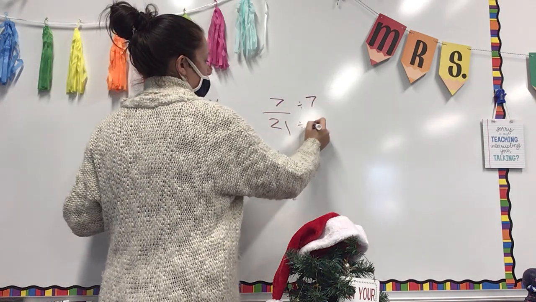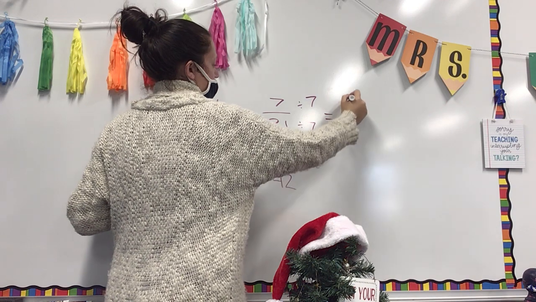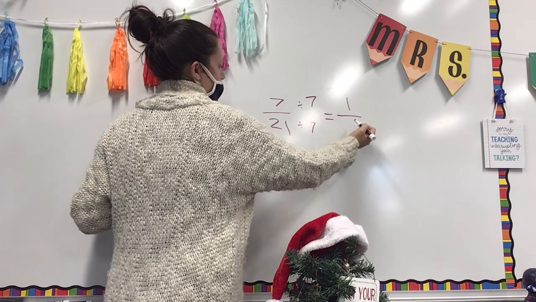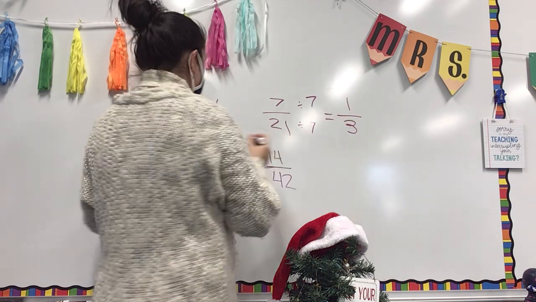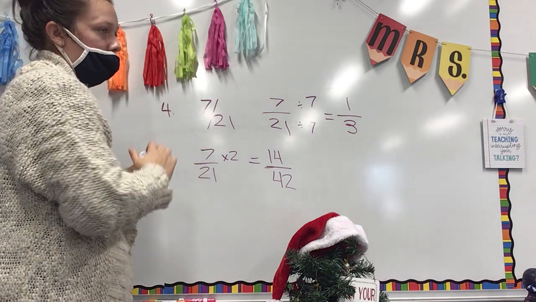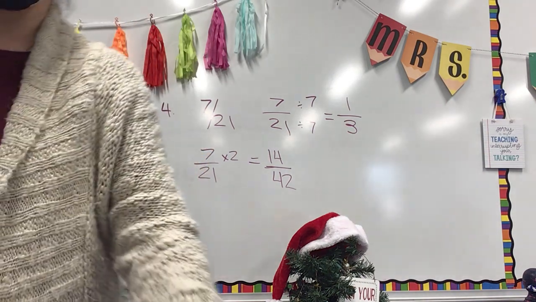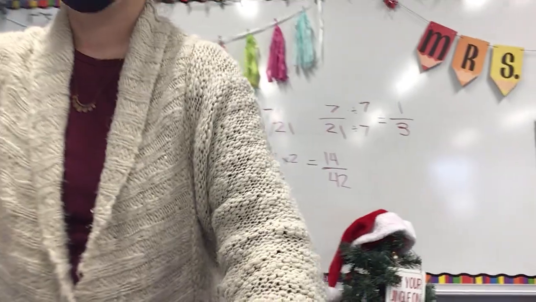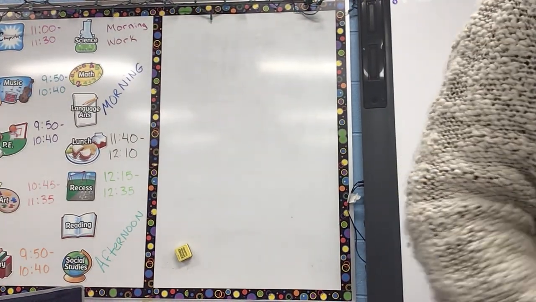Yeah, because what's 7 divided by 7? 1. 21 divided by 7? 3. Good. So the dividing ones we do have to think about a little bit more, don't we? Yeah, definitely easier just to multiply by 2. The dividing is definitely doable. Just takes a little bit more thinking. All right, number 5.